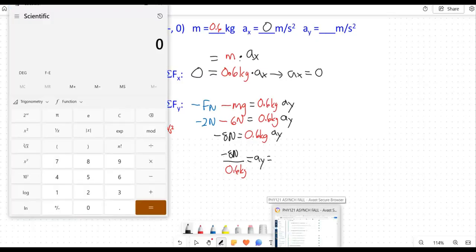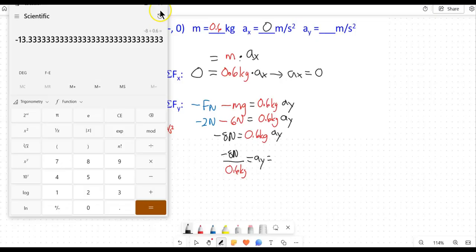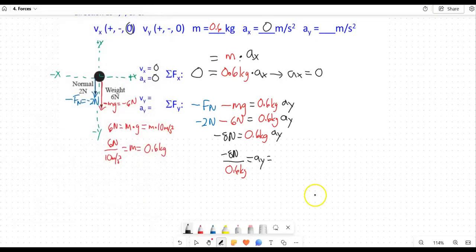Negative 8 divided by 0.6 is equal to negative 13.3333 repeating. So that acceleration is going to be down, in meters per second squared. So this is going to be negative 13.33.